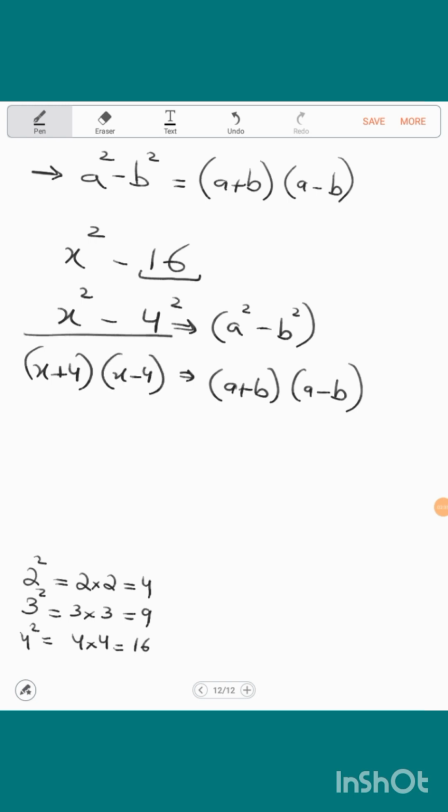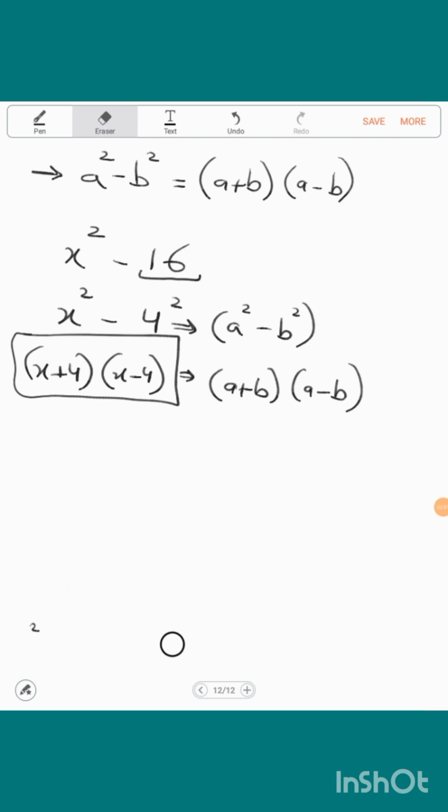So the answer for x square minus 16 after factorization is x plus 4 and x minus 4. Okay, so let me erase this thing out. Okay, if I want you to recheck your answer, like whether you are getting x square minus 16 or not, just to check whether your factorization is correct or not.